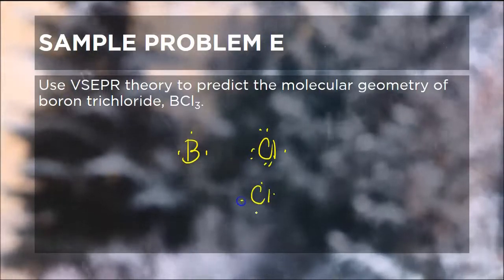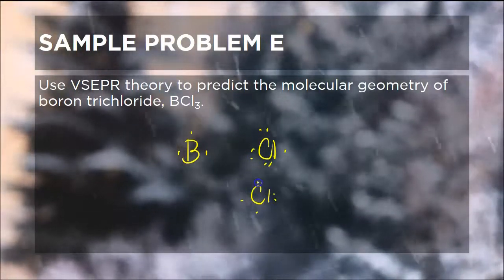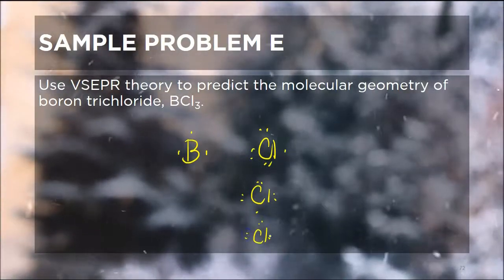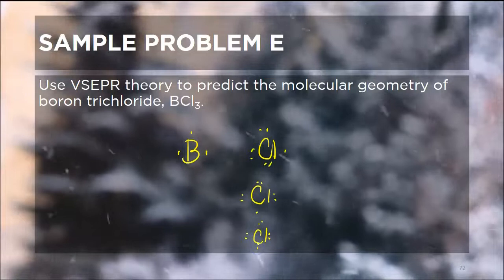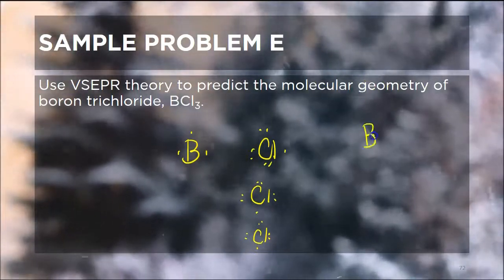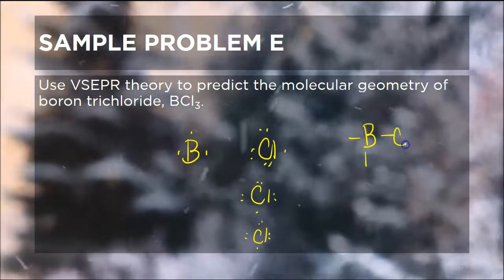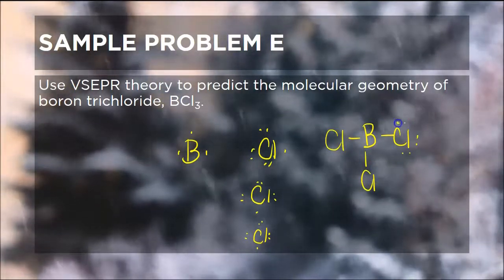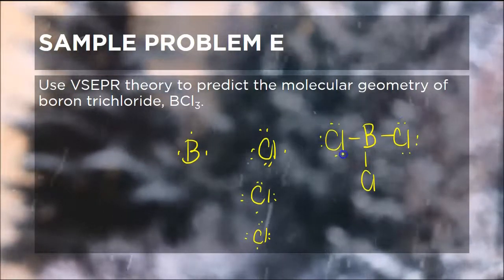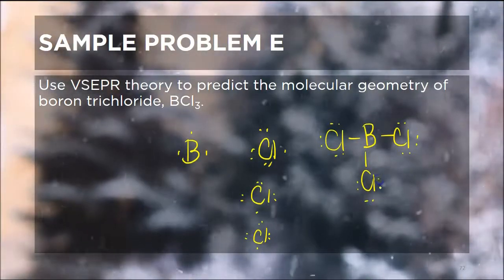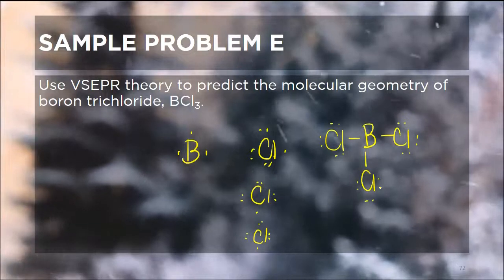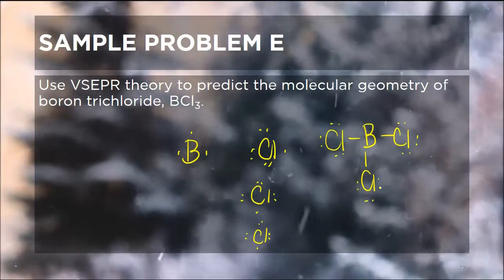So I think we can kind of see how this is going to work out, right? You've got 3 lone dots on the chlorines, 3 lone dots on the boron. So we're going to have boron in the middle, connected to each chlorine, and all the chlorines are surrounded by 6. Does that make sense how I drew that?